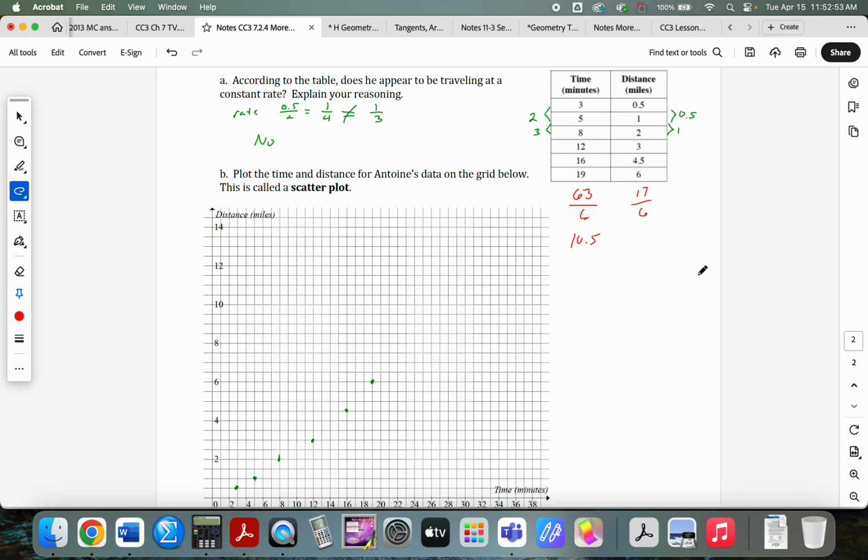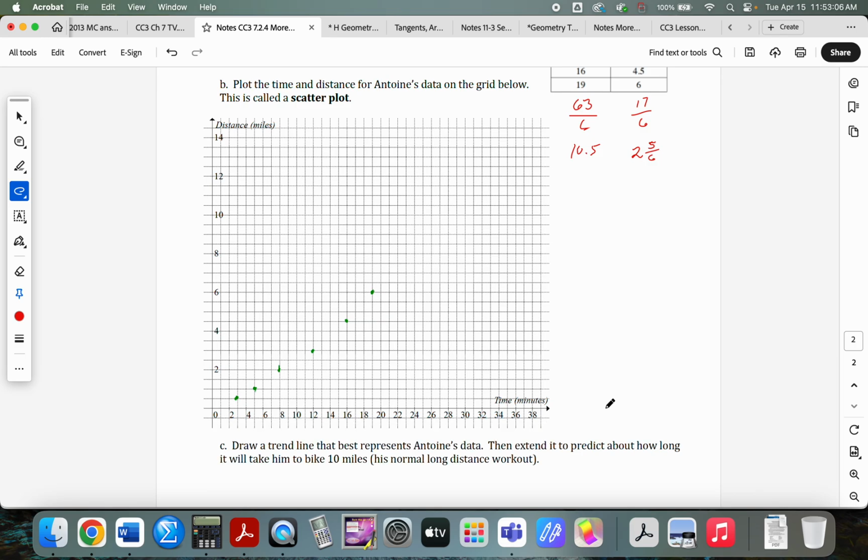That's not nearly as nice, is it? 2 and 5/6. So almost 3, right? All right, let's see if we can plot approximately where that point is. So 10.5 and 2, but not quite 3. It's right about there.